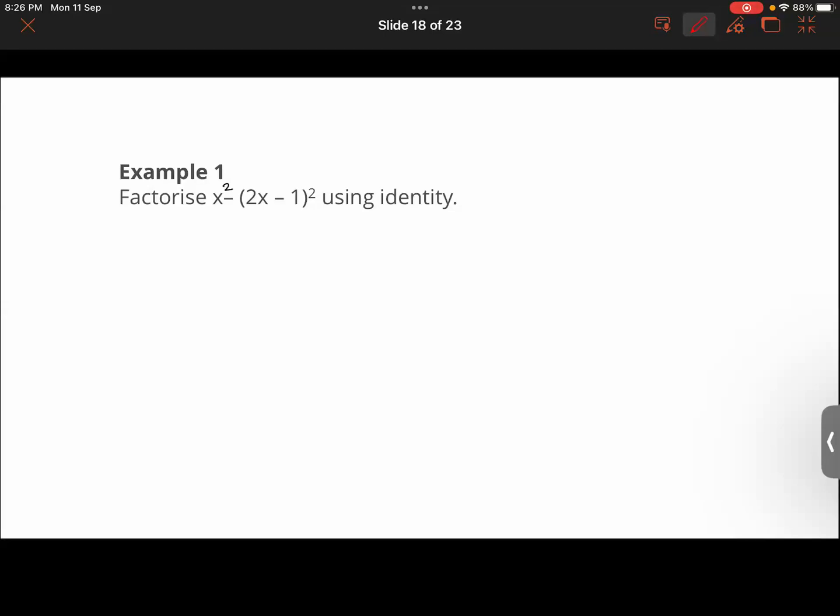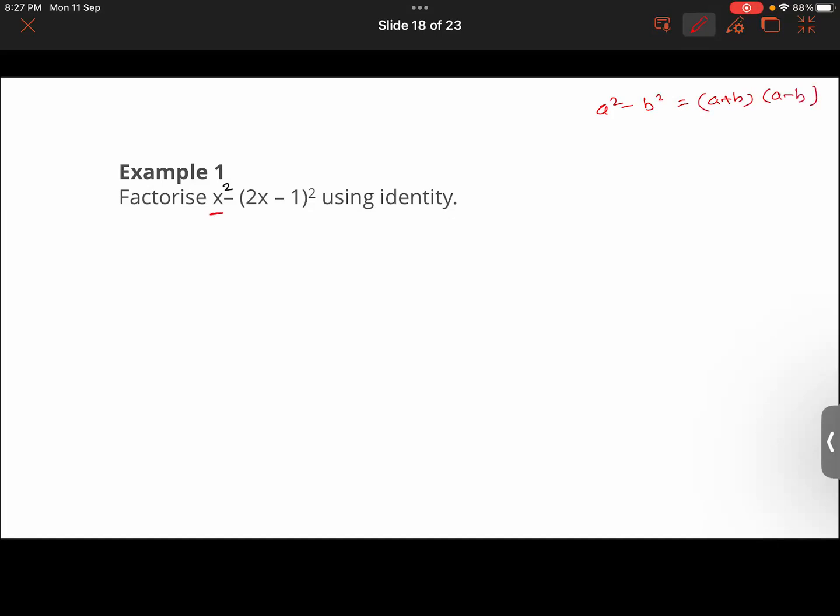It was a square minus b square equals a plus b into a minus b. Okay. A square minus b square is equal to a plus b multiplied by a minus b.